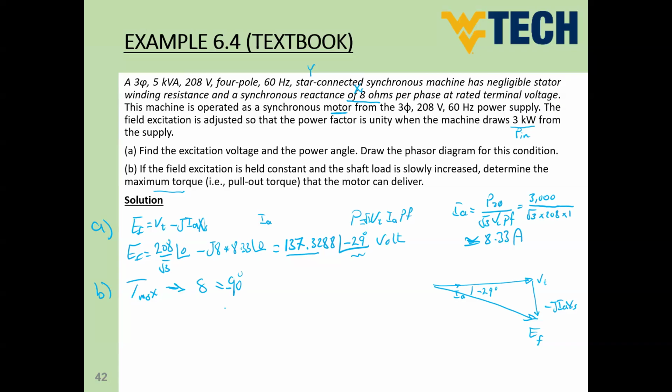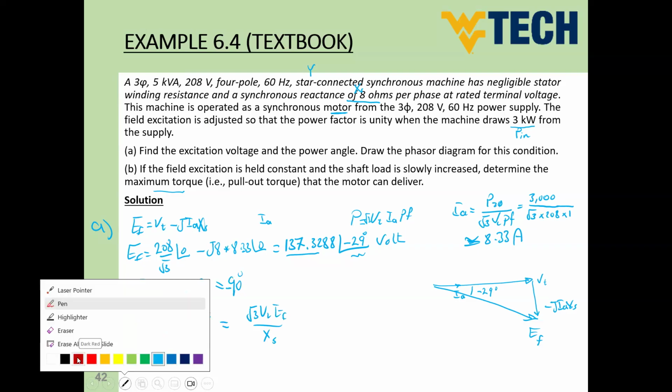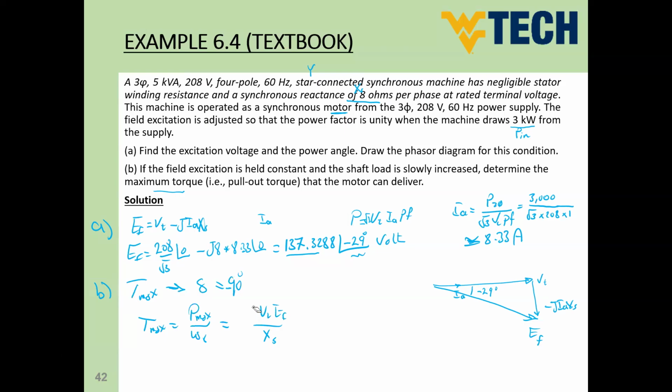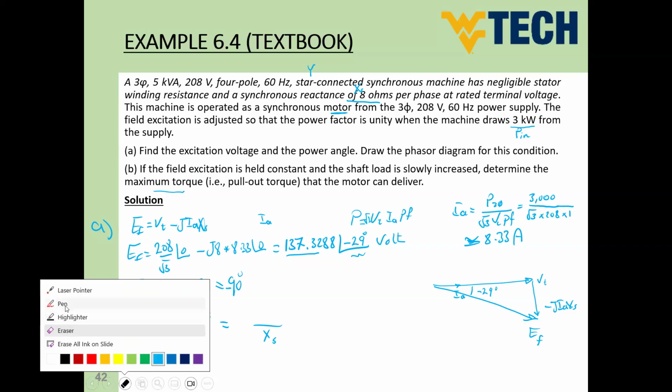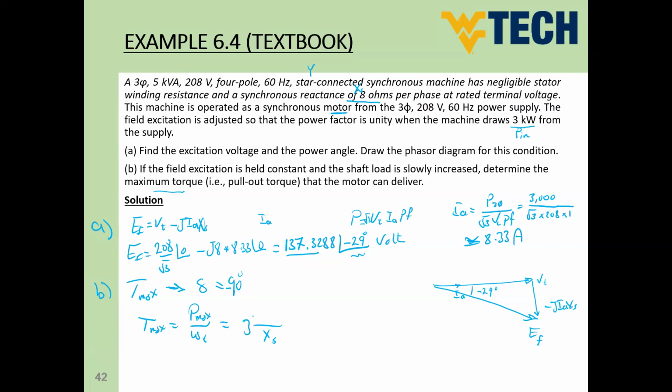So if you'd like to calculate that, simply we can say now torque maximum equals P maximum divide omega S. So you know that P maximum is 3 times V phase E phase divide Xs, and delta equals 90 degrees.